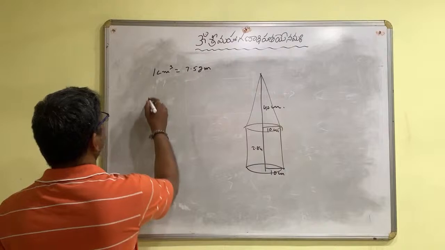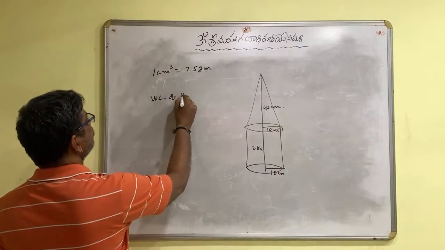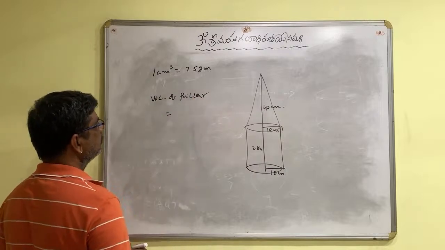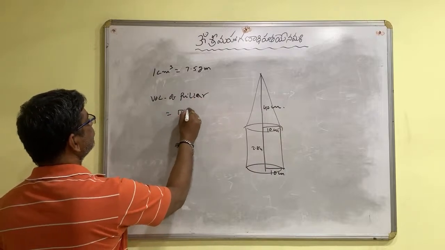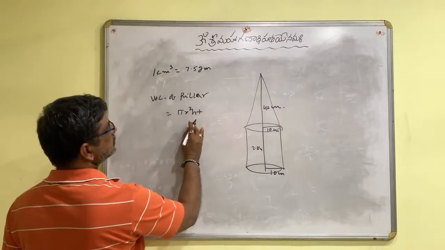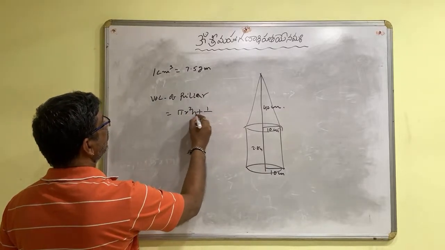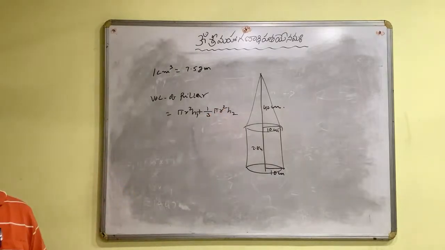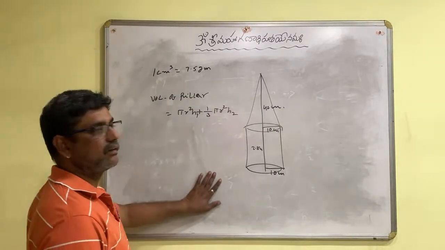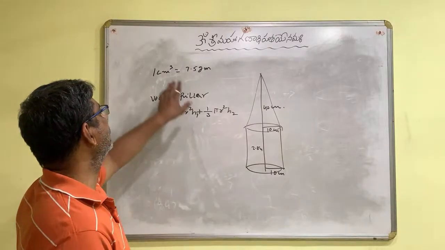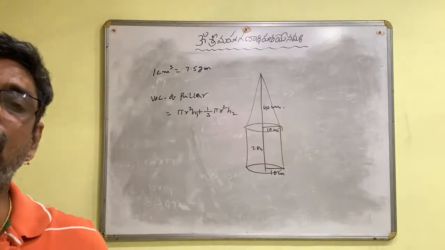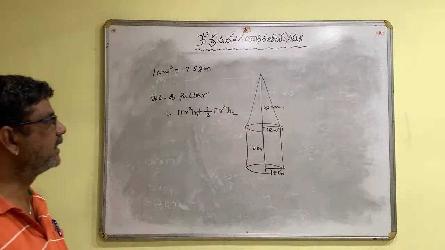We have to calculate volume of pillar. Volume of pillar is nothing but volume of cylinder plus volume of cone. After finding the volume of pillar, multiply it with 7.5 grams, then convert into kgs by dividing it with 1000.